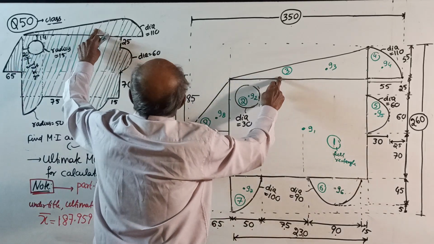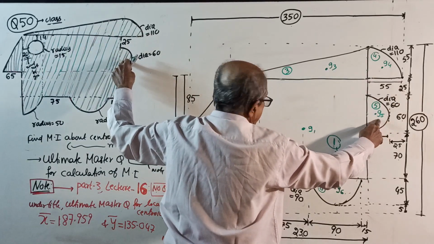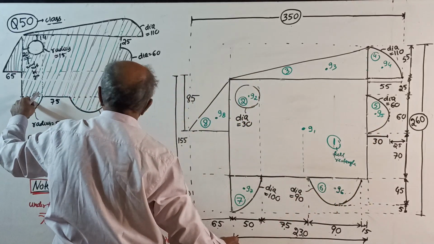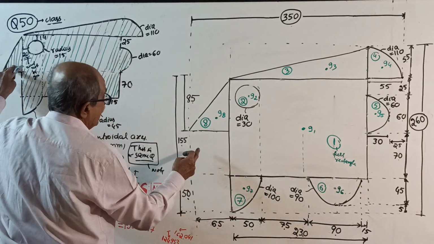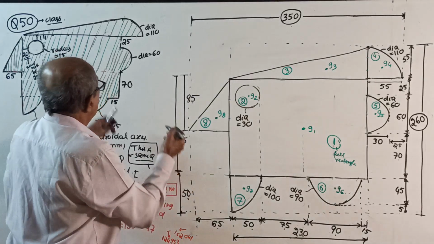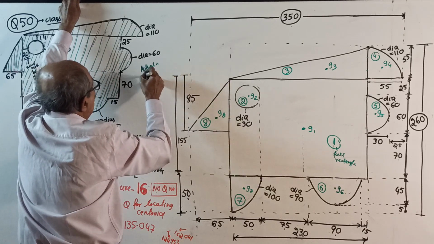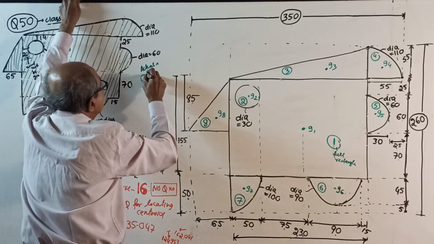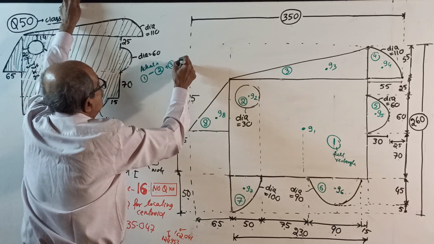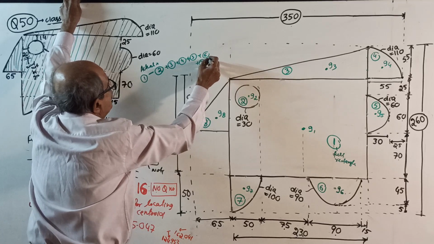This triangle 3, this quadrant 4, this semicircle 5, this semicircle 6, this quadrant 7, this triangle 8. See, 8 parts. Okay, now make a note. Therefore, the actual is 1 minus 2, then plus 3, plus 4, plus 5, plus 6, plus 7, plus 8.